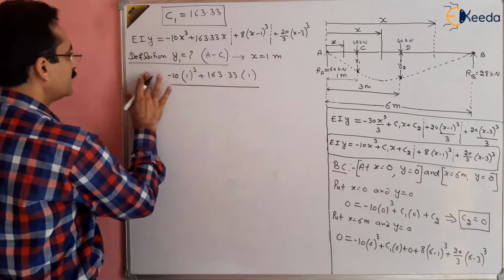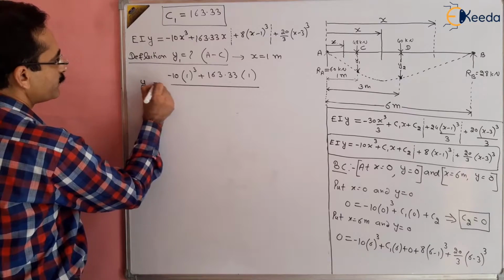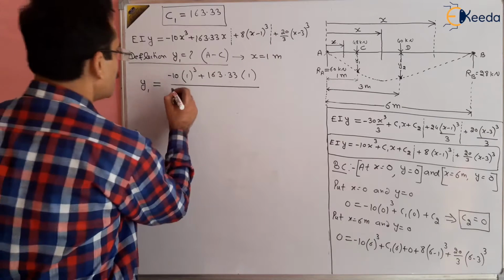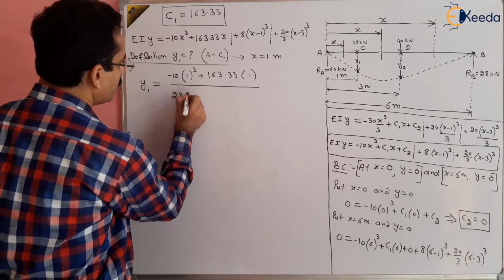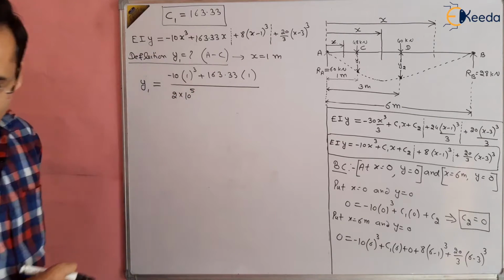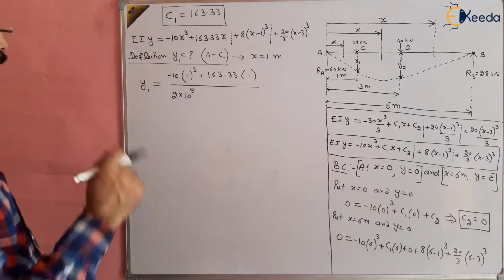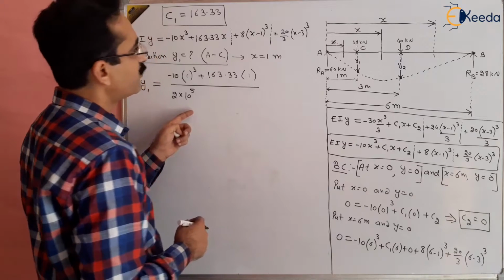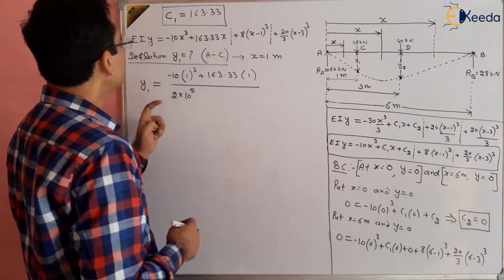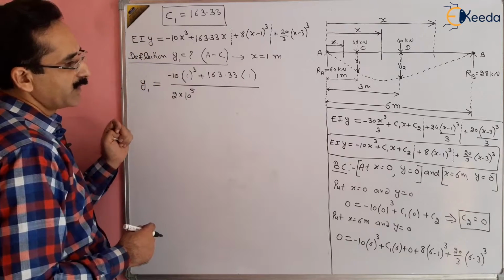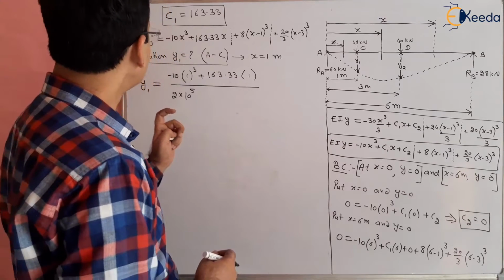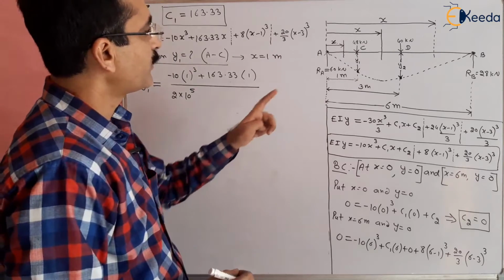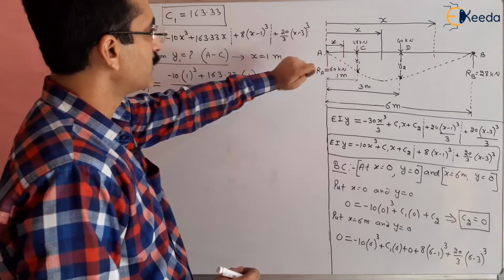What is the value of E and what is the value of I? E and I are given to us: 2 multiplied by 10 to the power 5 Newton millimeter square. Now if we want the answer in millimeter, we have to remember that 48 is used in kilonewton.